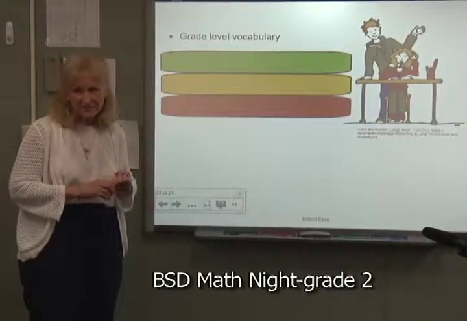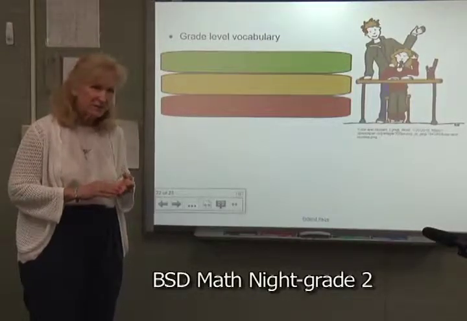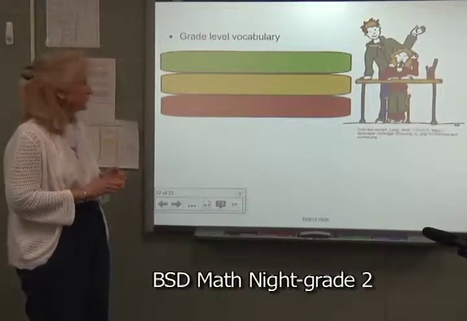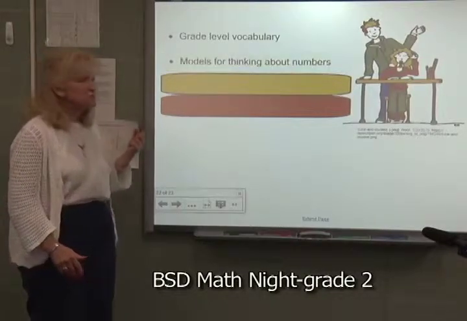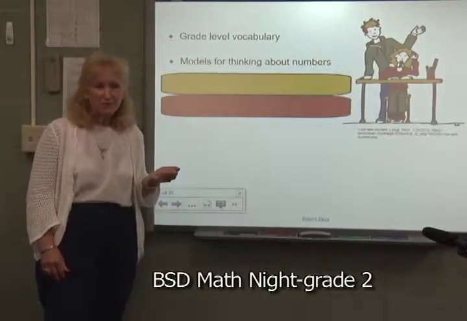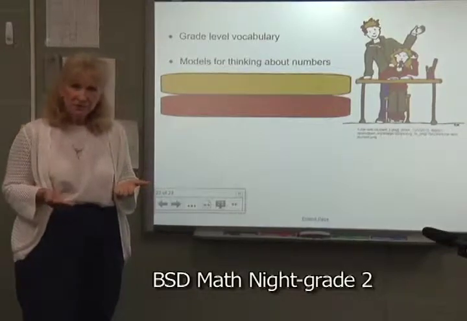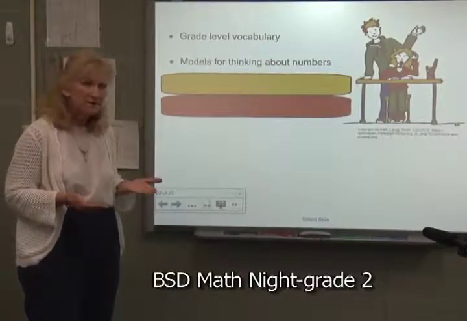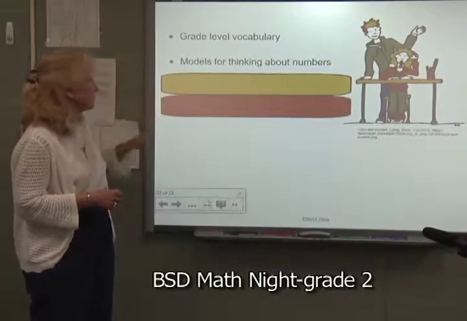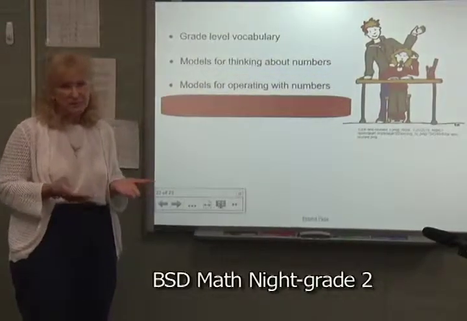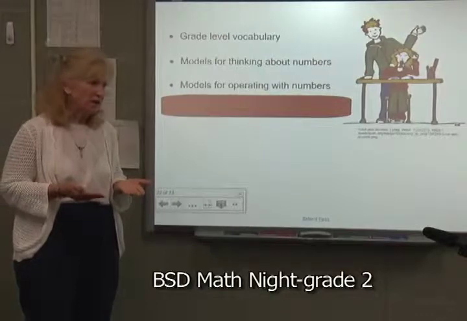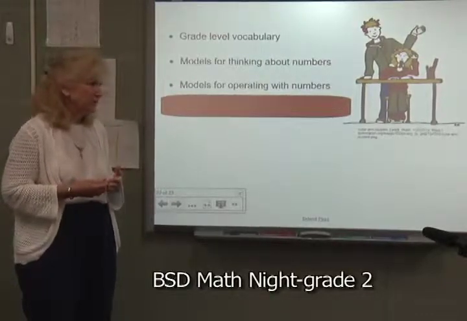You're going to speak with precision, the same vocabulary that your child is using. Number bonds, 10 frames, 5 frames, expanded form, above, below. Models for thinking about numbers. The model for the magnitude of the number, the part-whole model. Models for operating with numbers, the frames, the open number line, the hundreds chart.